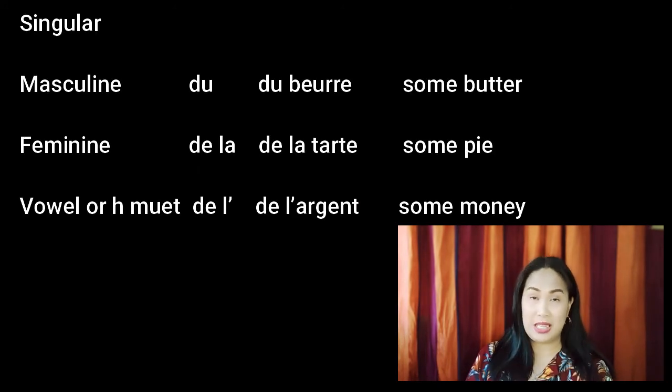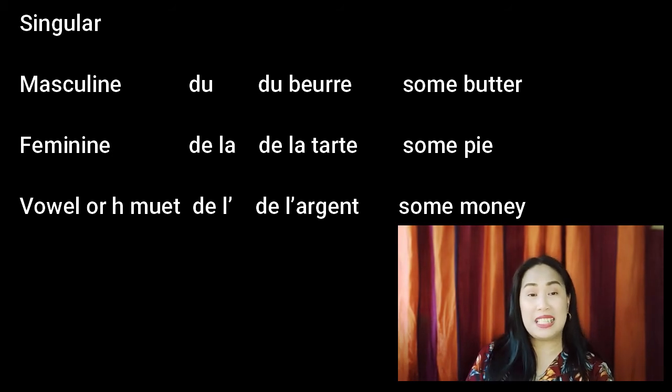To give you an idea, I'll give you this example. The first one, for the singular masculine, is du, and for the feminine, de la. And for the vowel or silent H, it is de l' with an apostrophe.